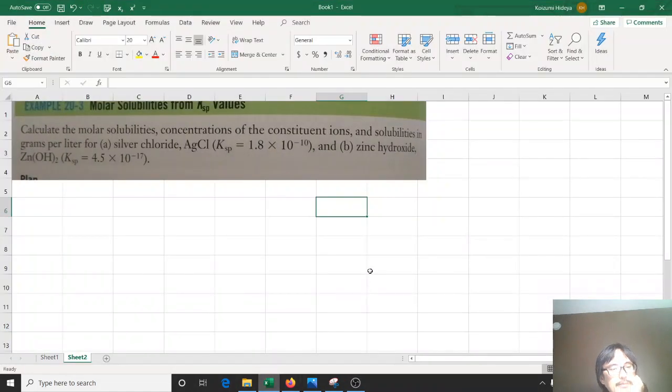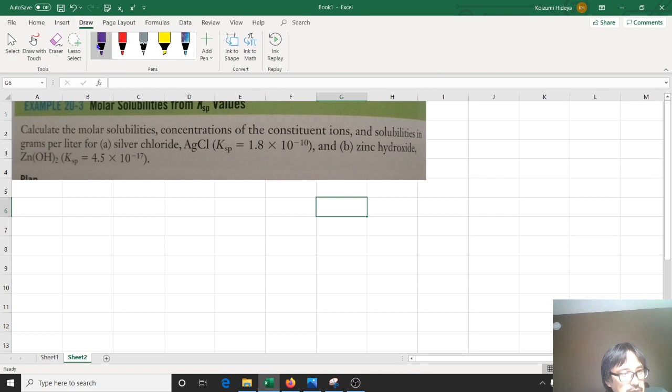So let's do question 70. We are going to talk about the solubility product, which is another way of saying equilibrium constant.